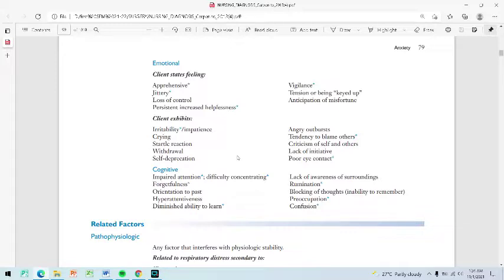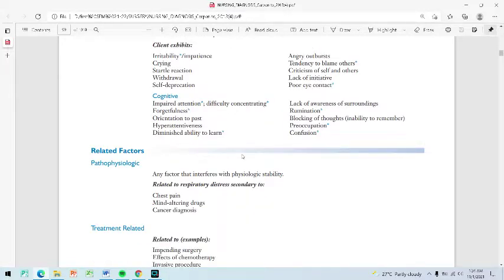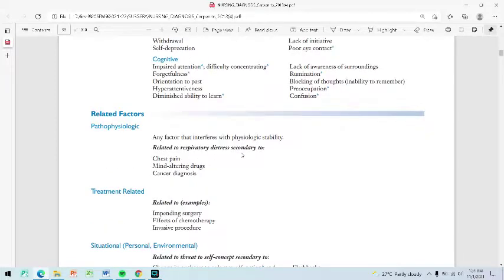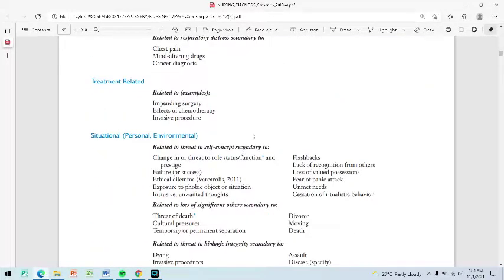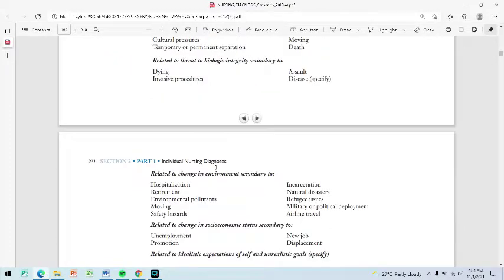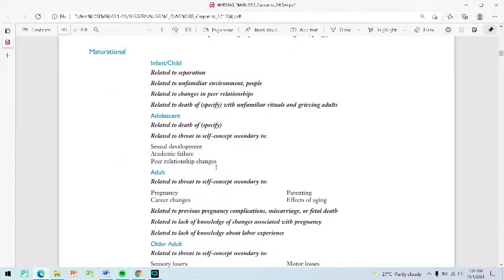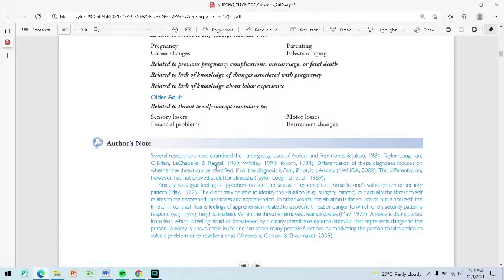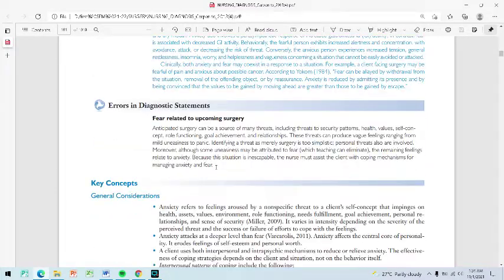Then where we should get the outcome identification. These are all additional for anxiety as observable by the healthcare provider or by the nurse, manifested by the patient. So there are a lot of things you could see.